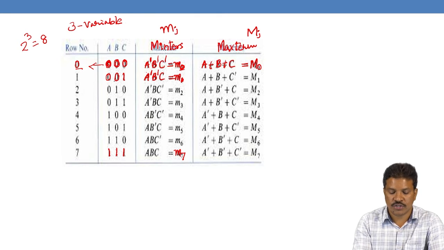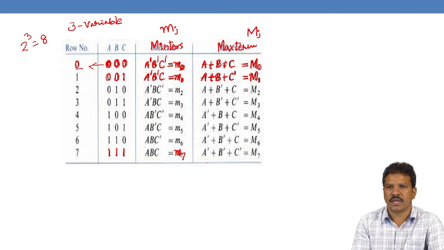Next, 0, 0, 1 means uncomplemented variable A, uncomplemented variable B, and complemented variable C to represent 1. So it is a max term. We can represent it with capital M with the suffix 1.